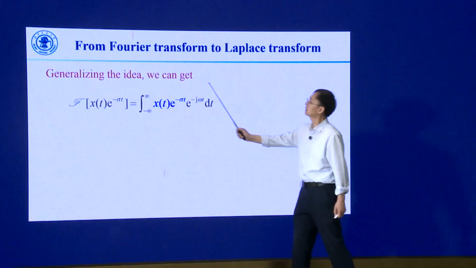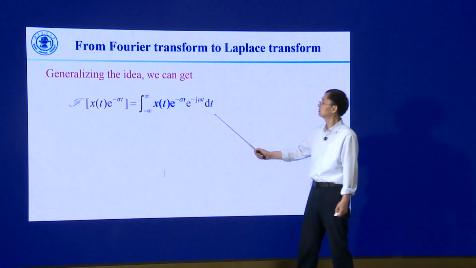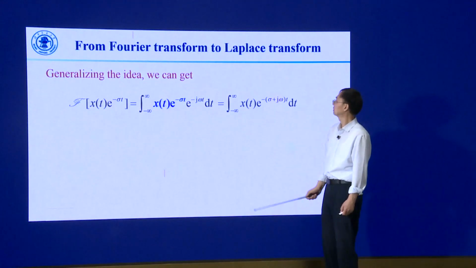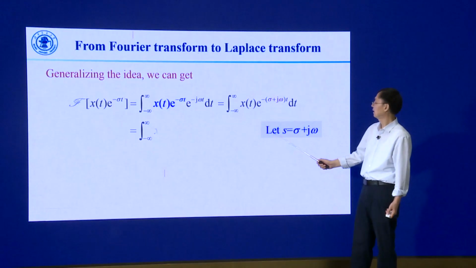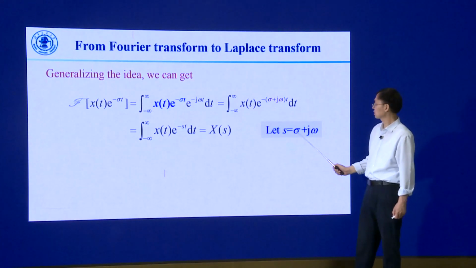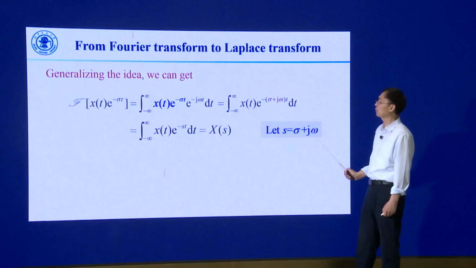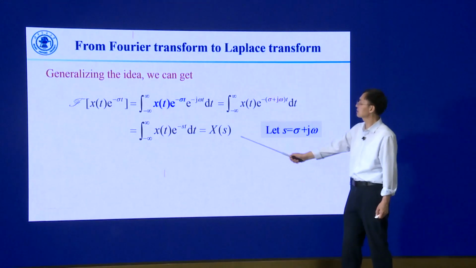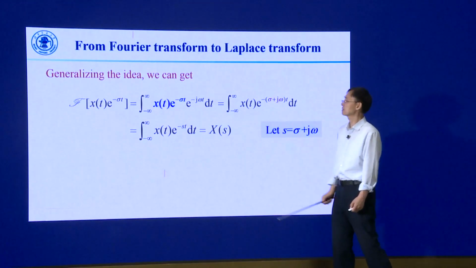Generalizing the idea, we let S equal sigma plus j omega, and you can get this X of s.